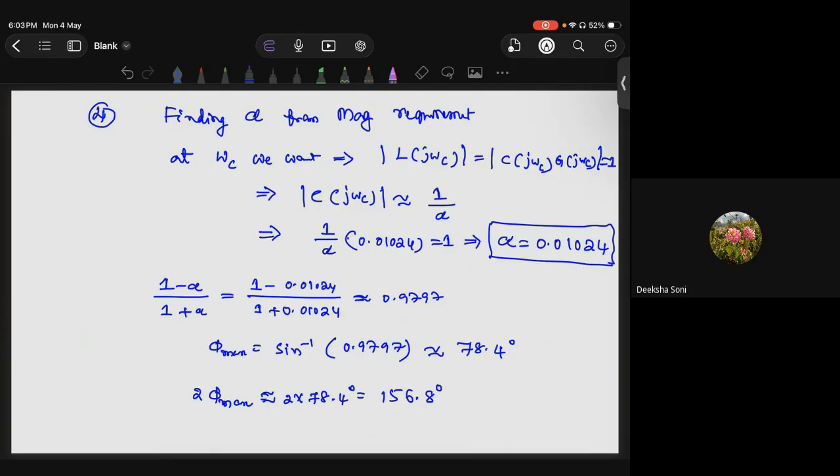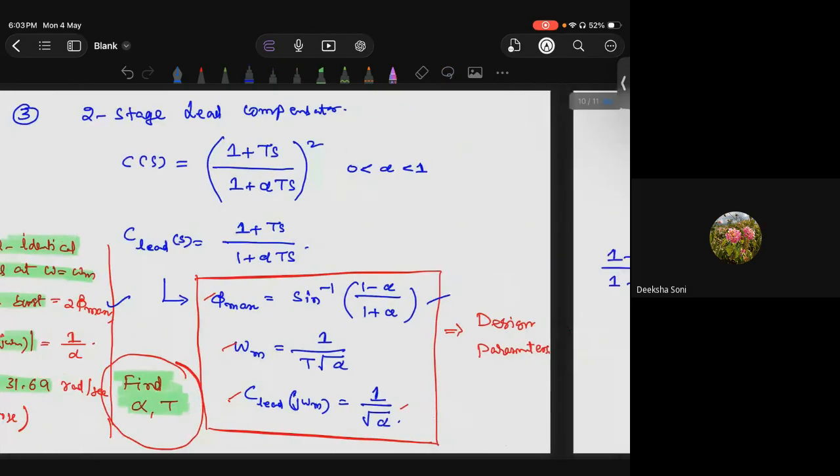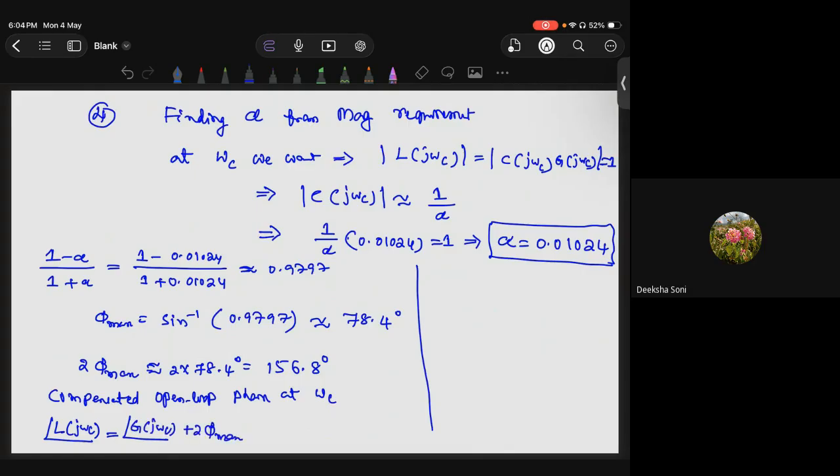Then the compensated open loop phase at omega c: the angle of L of j omega c is the angle of G of j omega c plus 2 phi max.